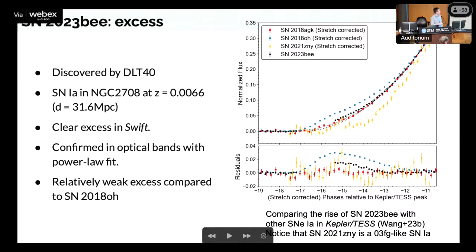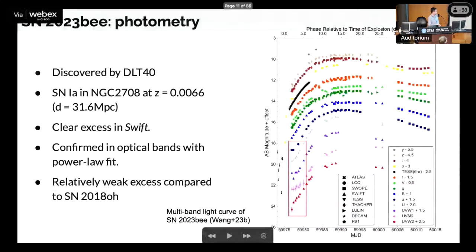The blue points are 18oh and the black points are 23be. In the residual plot, you can see 23be seems to exhibit early excess with a similar morphology to that of 18oh, but with about half the intensity. This is further confirmed by the Swift observations, where you see some early excess features, as Ali also mentioned.